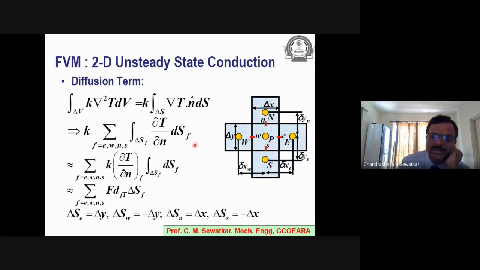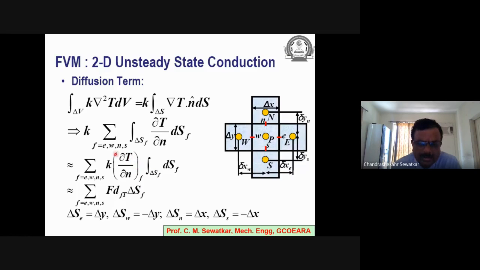What is left inside the integral sign is dSF. So the approximate representation now goes like this: summation over east, west, north, south faces of K del by del n over the face into integral over delta SF of dSF. And integral of dSF is delta SF.